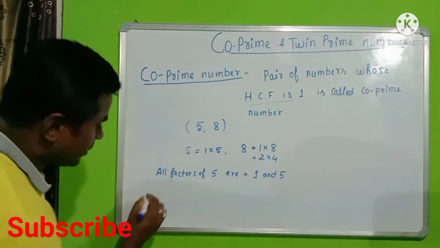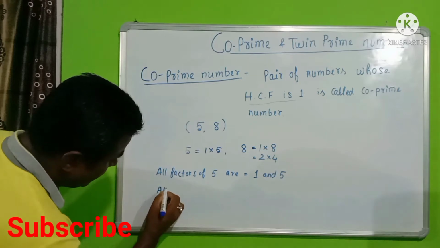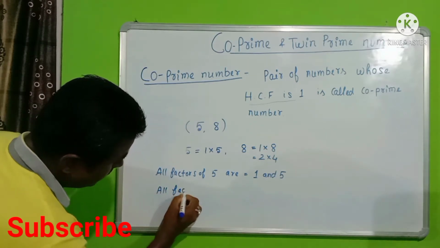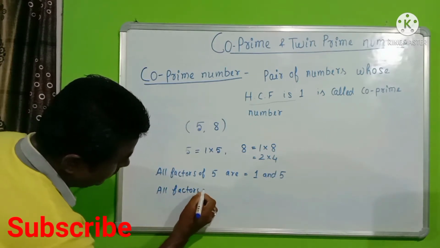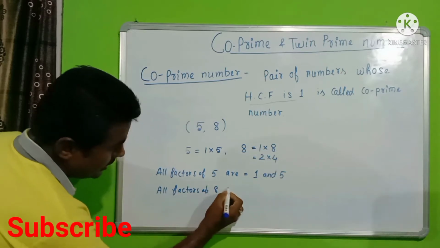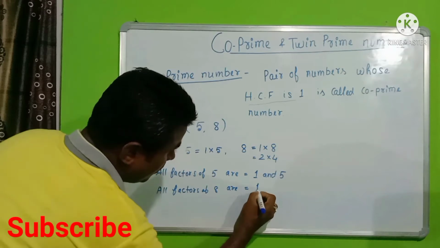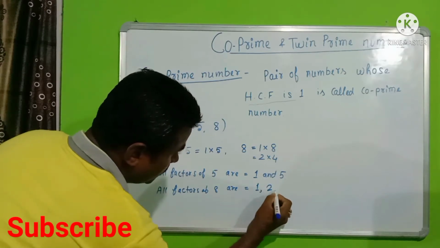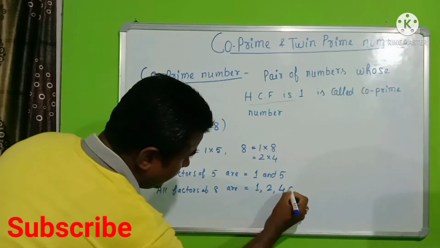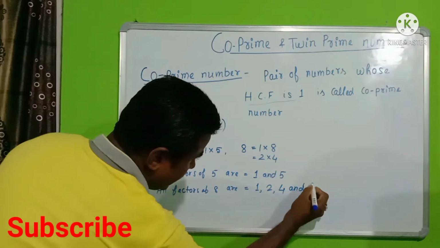Then all factors of 8. All factors of 8 are 1, 2, 4 and 8.